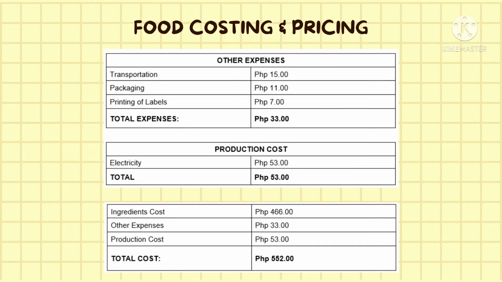Here is the production cost. 53 pesos for electricity, in which the total production cost would be 53 pesos. If we add the ingredients costs, the other expenses, and the production cost, the total cost would be 552 pesos.